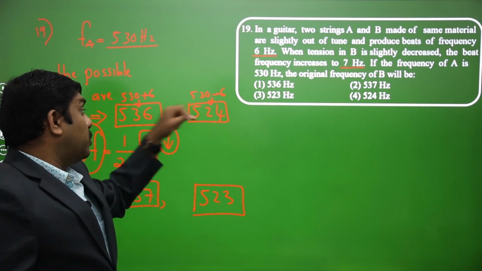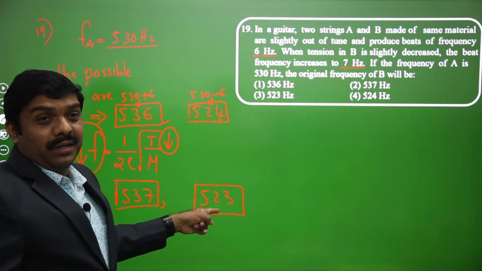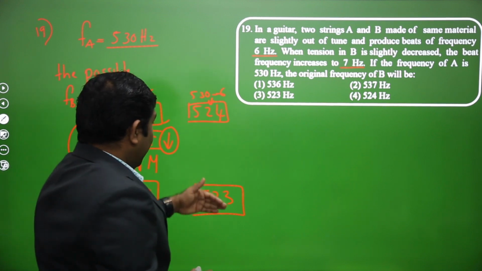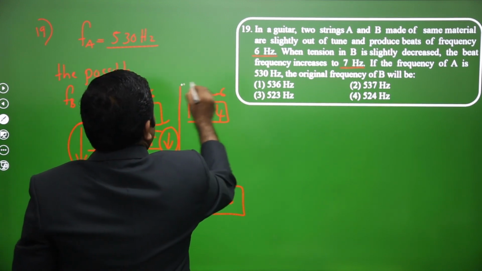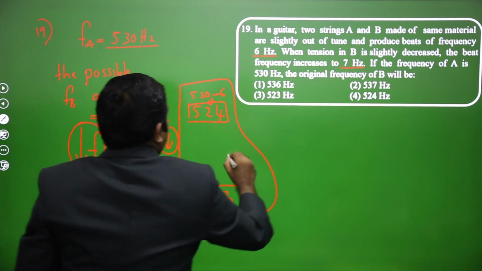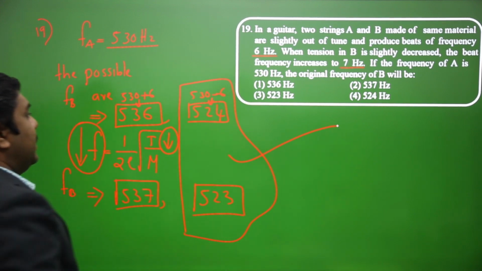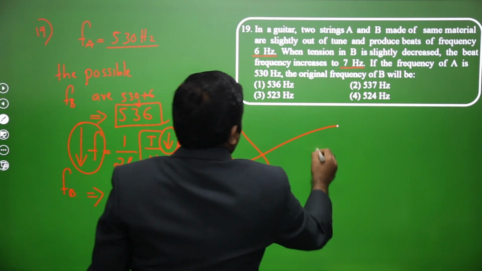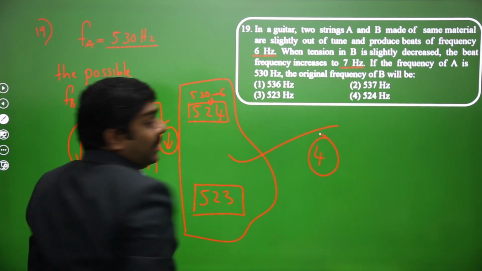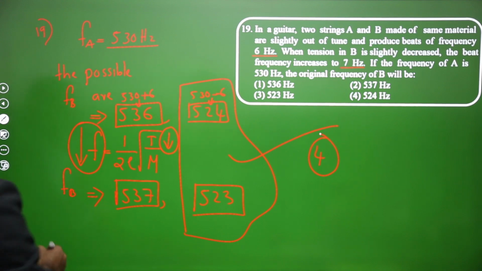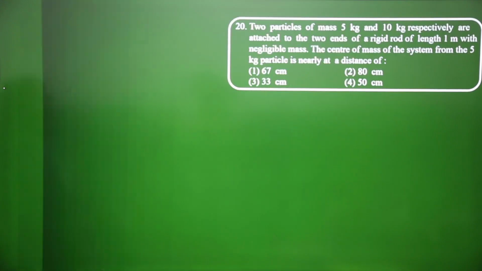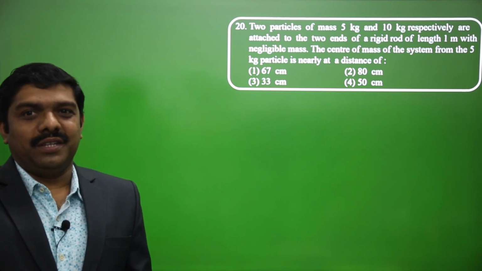If I take 524, then I am getting 523. So tension is decreasing means frequency is decreasing, so this possibility is the right one. The right answer is option 4, 524 hertz.